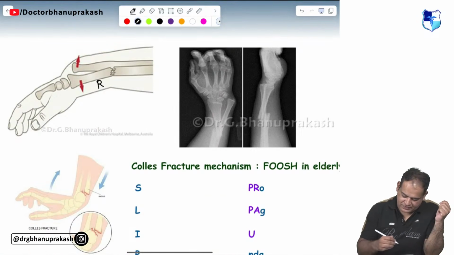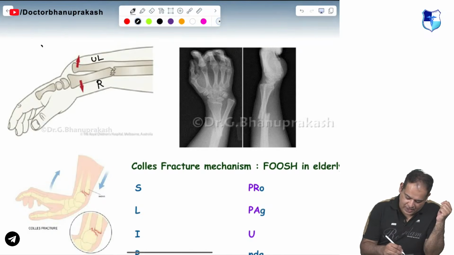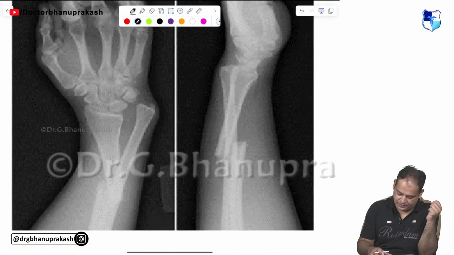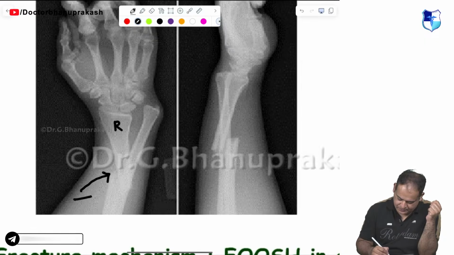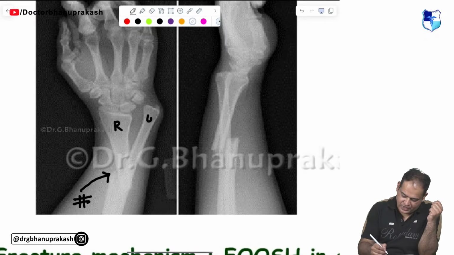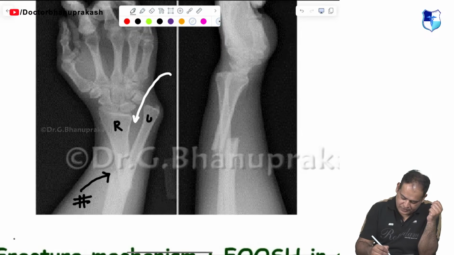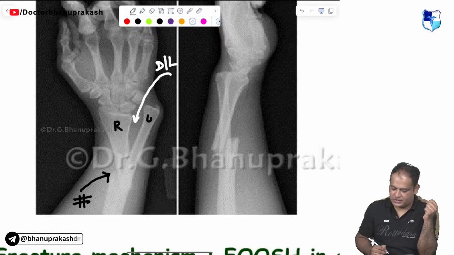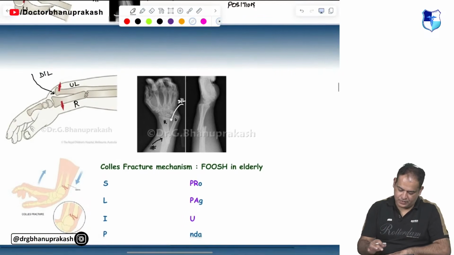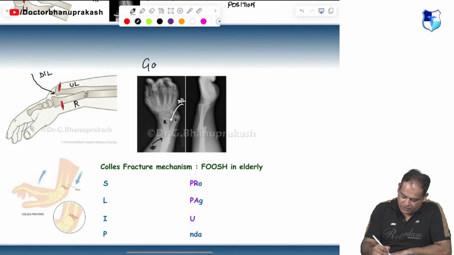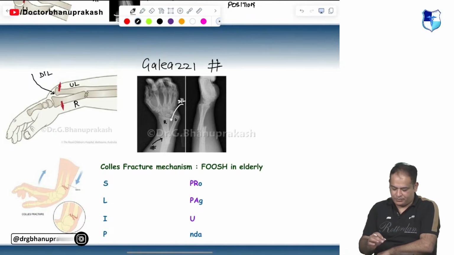Radius is fractured, ulna is okay, and between the two of them there is dislocation. What you see on your screen is a Galeazzi fracture, right?